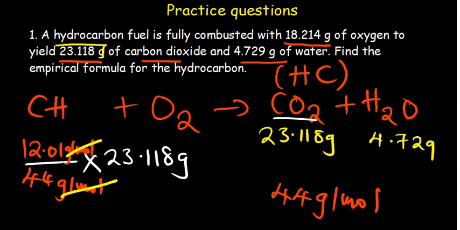So you remain with 12.01 divided by 44 times 23.118. So the mass is approximately 6.31 grams of carbon. Okay, that's for the first part. So let's consider significant figures. I can put a 0 here.